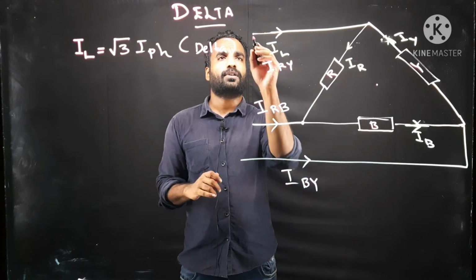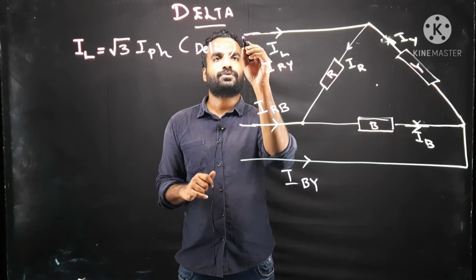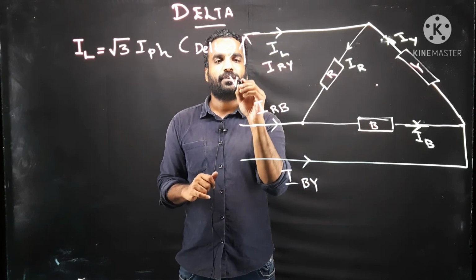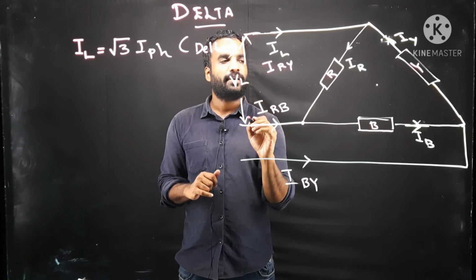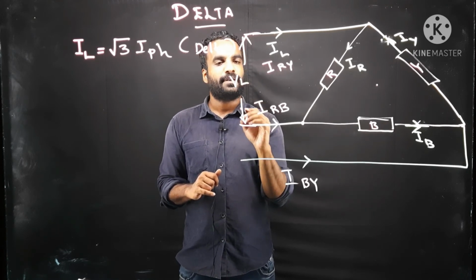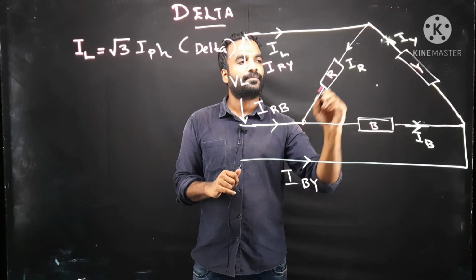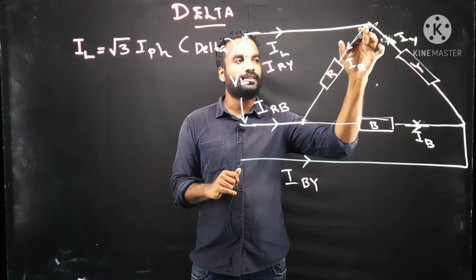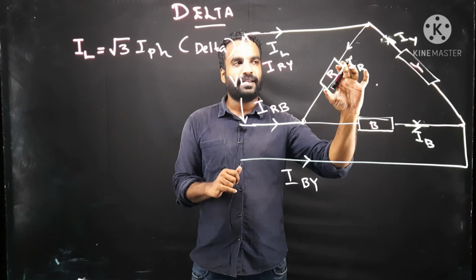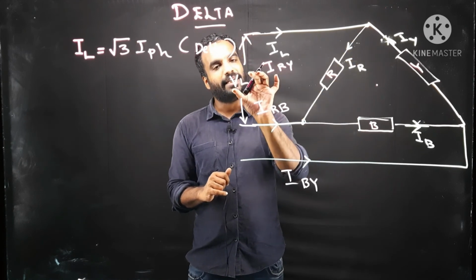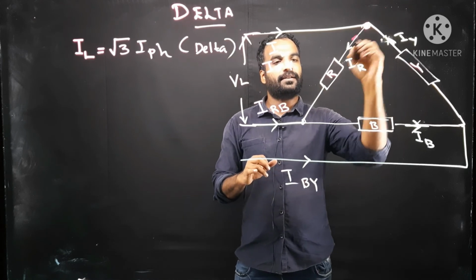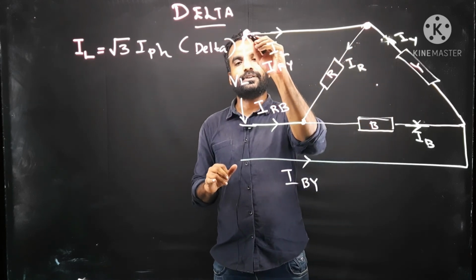Now let us check about the voltage. Suppose this is line voltage, V line. Okay, what will be this? Suppose this is the phase voltage. This is actually for one phase. Its voltage will be same as line voltage because these points are parallel to these points.